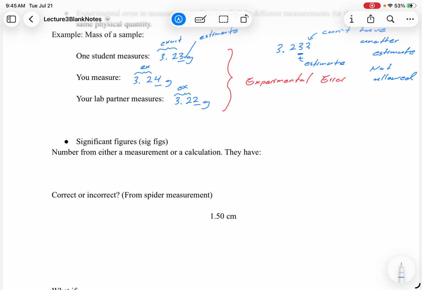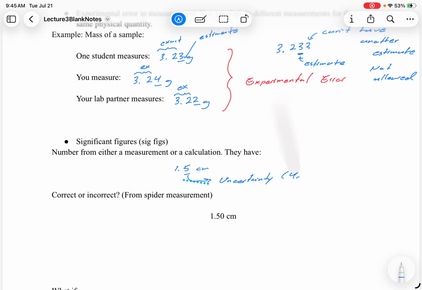Let's go back to the whole spider measurement, which was 1.5 centimeters. Basically just recapping: this is your uncertainty.